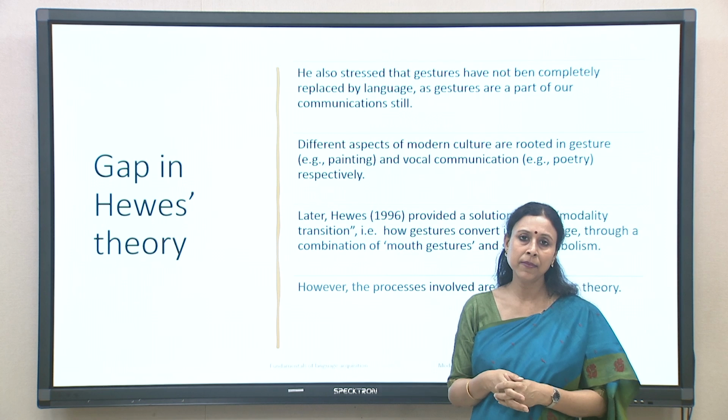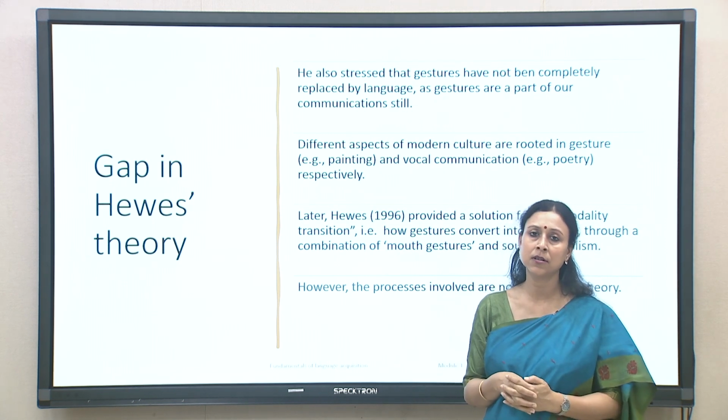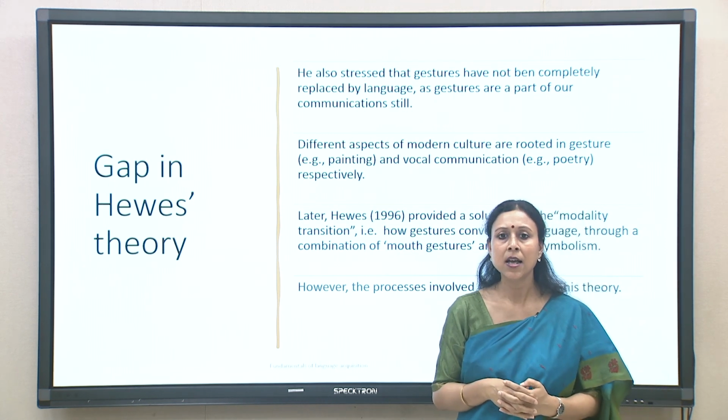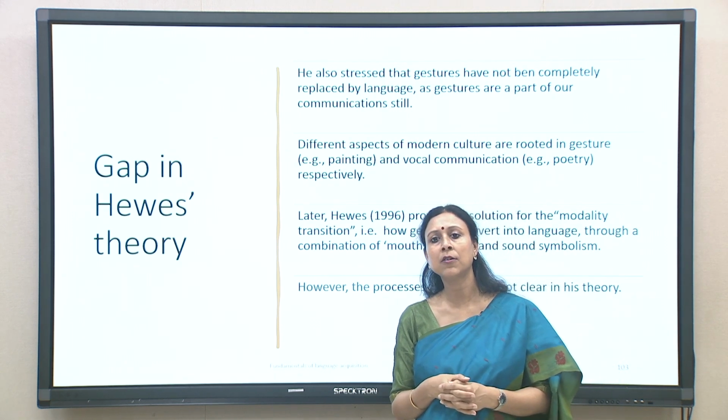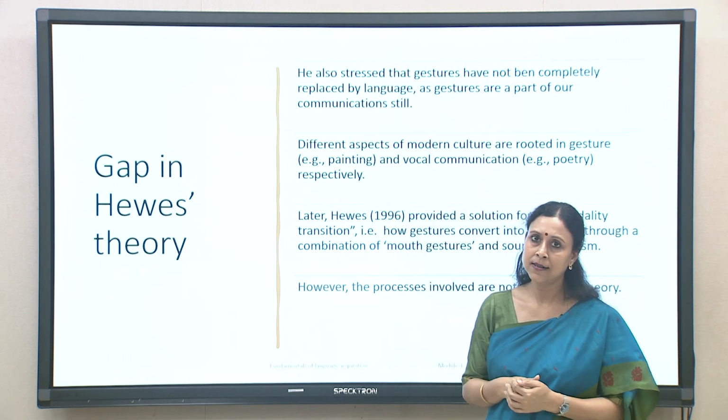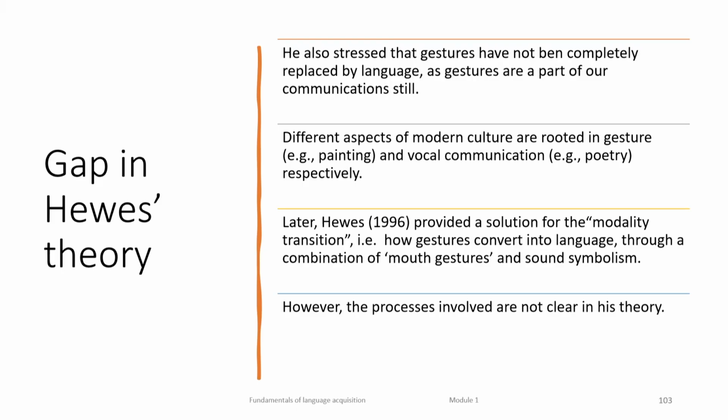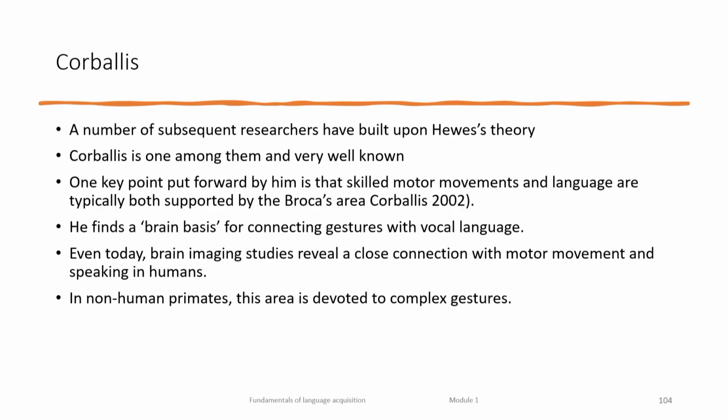His original paper does not give a very good explanation for that, but in his 1996 paper he tries to give some sort of an explanation where he talks about mouth gestures and sound symbolism coming together to make the transition possible. However, this process is also not very clear even in his theory. How does that happen? That is not very clear.